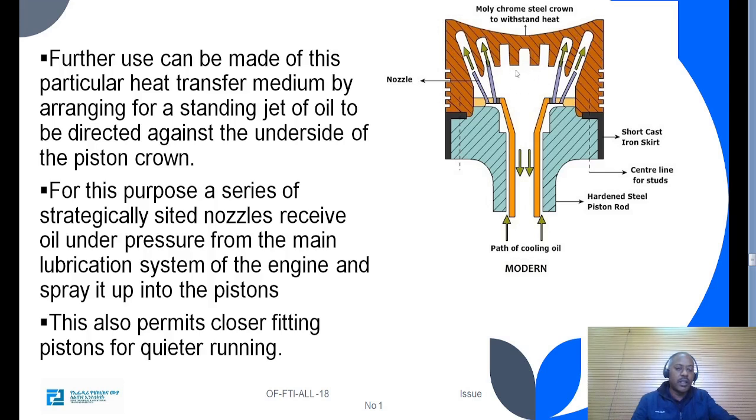After cooling the piston, the oil returns in this direction, downward to the sump.